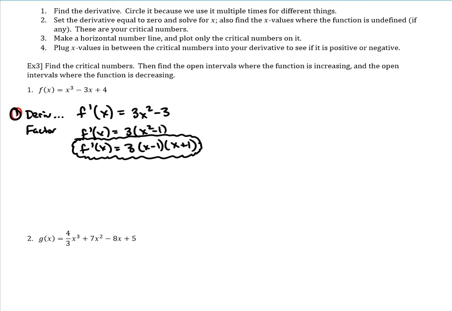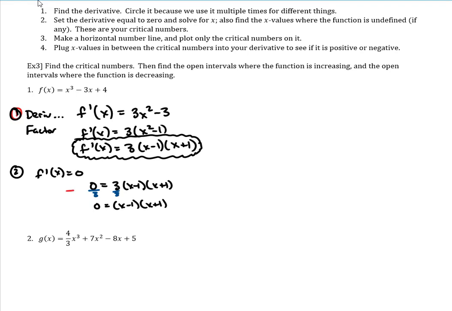All right, so we found the derivative. Now, step two, we're going to set that equal to 0. So f prime of x equal to 0 means put this left side equal to 0. And then we'll solve. Well, regular old constants don't really matter. You could divide that out, and then we would have 0 equals x minus 1 times x plus 1.